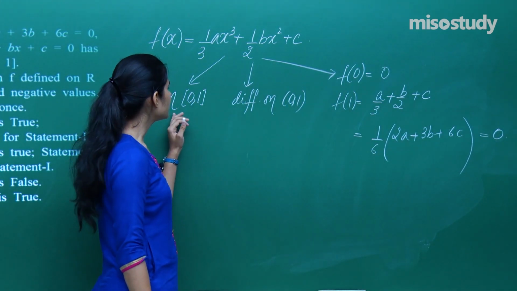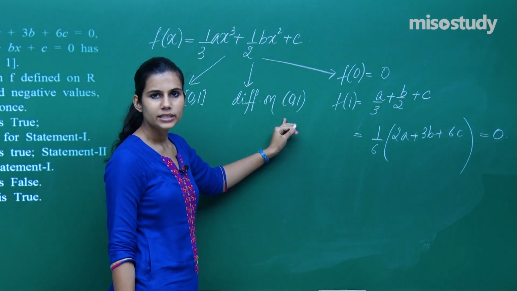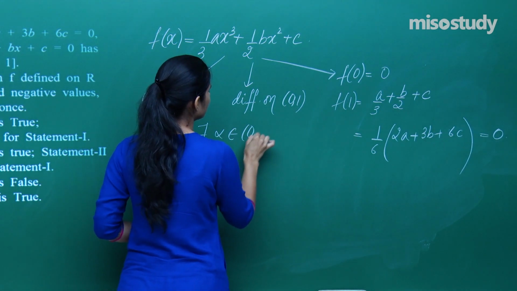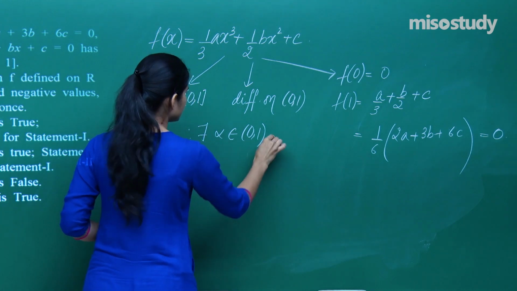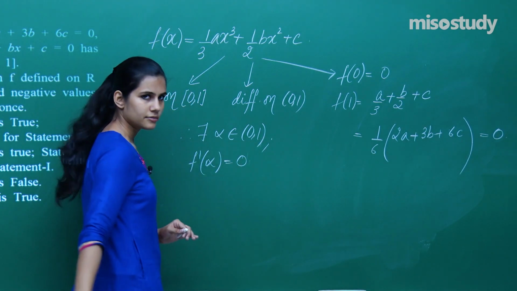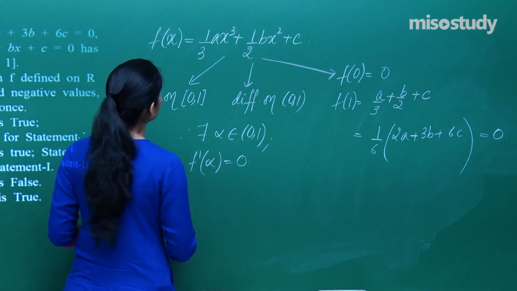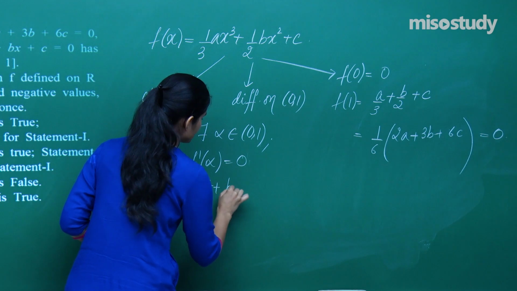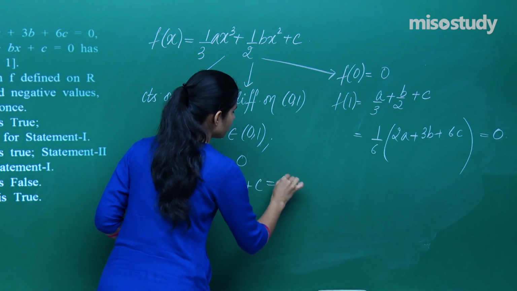In the 0, 1 closed interval, it's continuous. In the open one, it is differentiable. Therefore, there exists alpha such that f dash alpha is 0. F dash alpha means a alpha square plus b alpha plus c is 0.